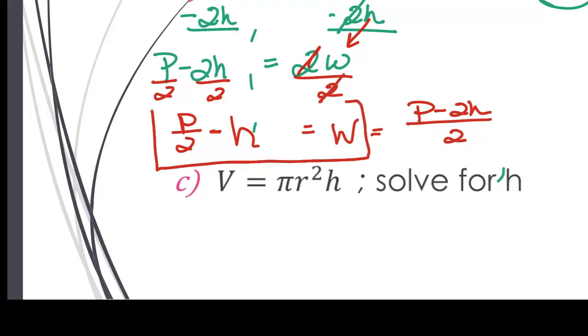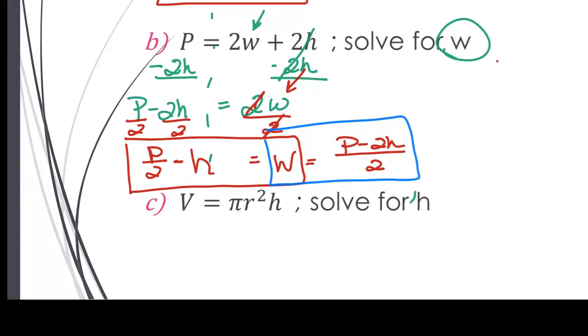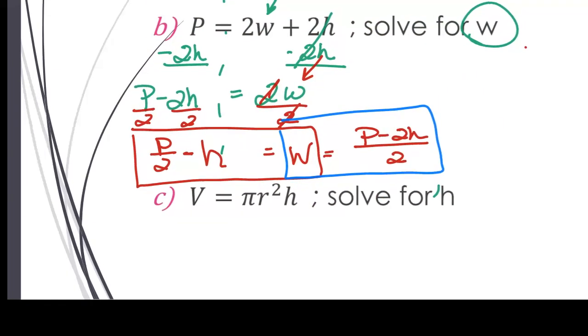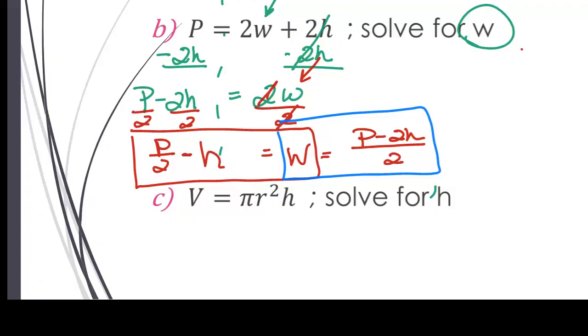So this would work, and this would also work. Okay? Does that make sense, kind of? If you divide every term by 2, you would get to simplify it down to P divided by 2 minus H. And if you just leave the whole expression divided by 2, then you get what's on the right. Questions on that?